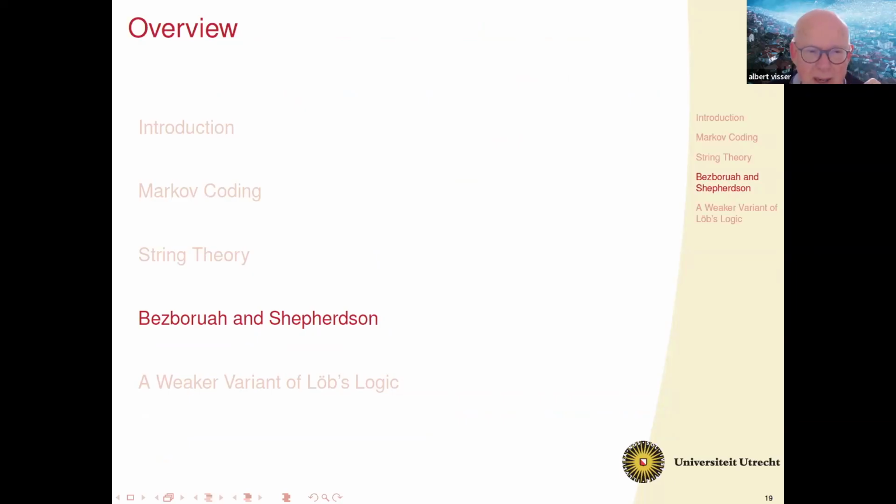And there were Bezboruah and Shepherdson, who created an alternative proof of the second incompleteness theorem for PA minus. What was essential in their setup was that their proofs were coded using the beta function.